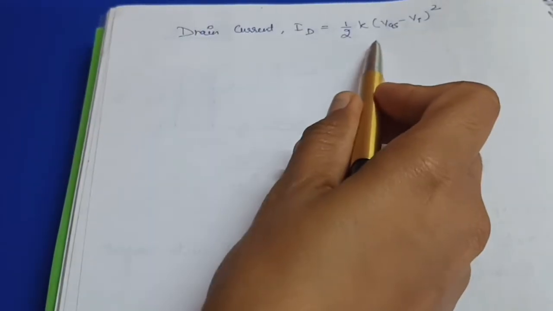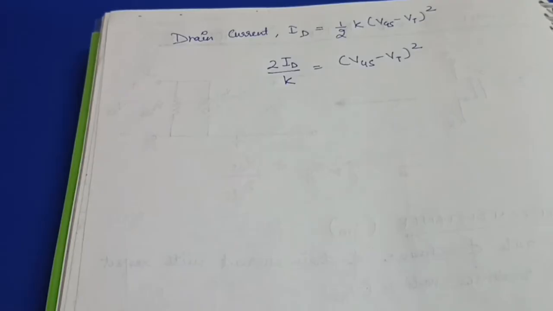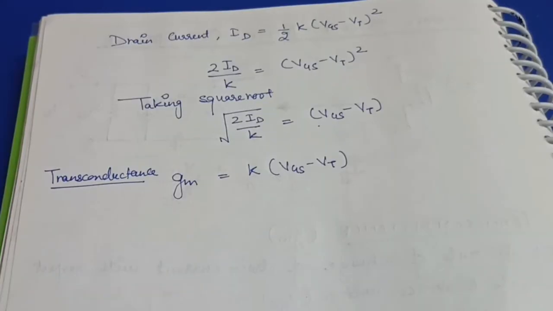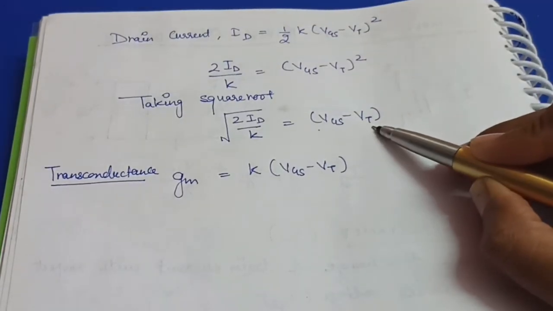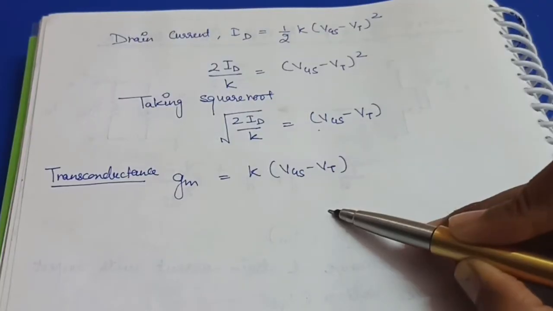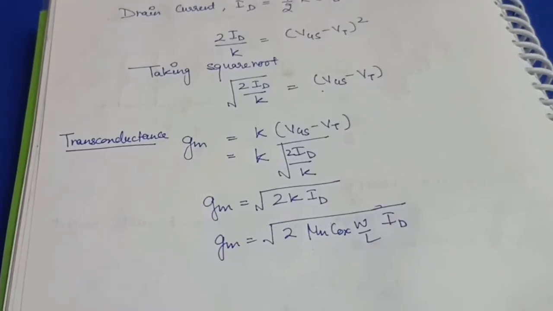So for that, we shift this 1 by 2K to the left hand side, and now we take square root on both sides. Now let us substitute the value of VGS minus VT in the transconductance formula. We get gm equals under root 2K ID, or under root 2 mu n Cox W by L into ID. So that's the formula for transconductance.